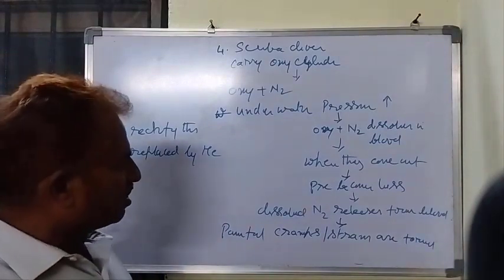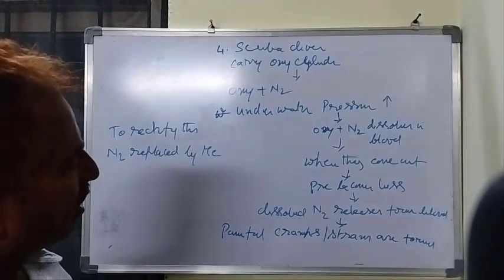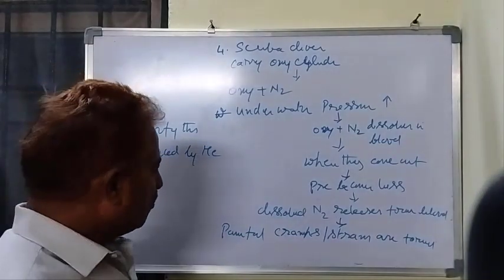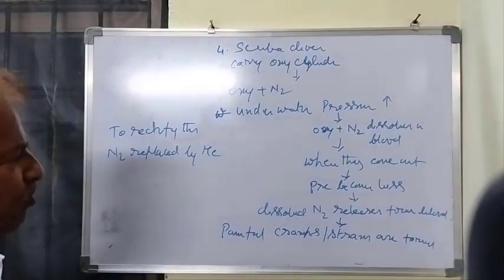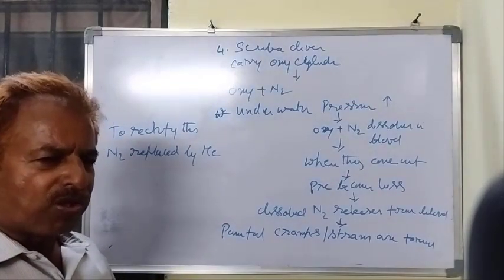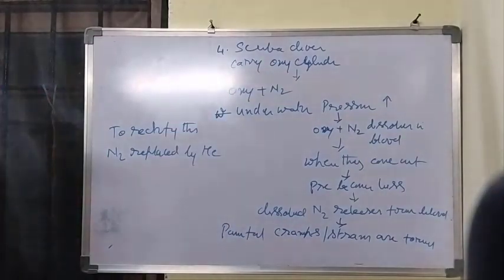Therefore, as less amount is dissolved, the amount of gas that comes out from the blood after pressure releases is also less. Therefore, painful cramps or strains are prevented to some extent. Therefore, the oxygen cylinders used by scuba divers contain a certain amount of helium in place of nitrogen. So these are the applications of Henry's law.